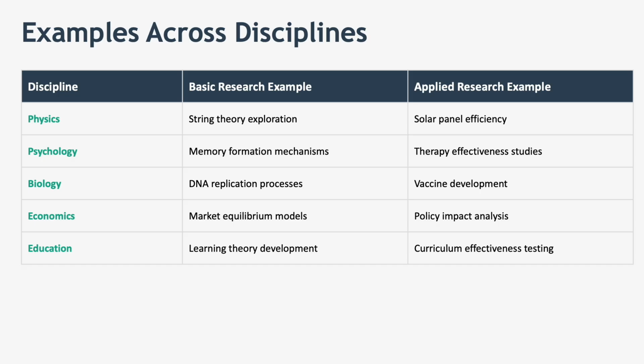And in education, basic research might explore how learning occurs in the brain or what factors influence motivation, while applied educational research tests curriculum effectiveness or develops new teaching strategies. These examples demonstrate that every field benefits from both approaches, and the most significant advances often come when insights from basic research enable breakthrough applications.